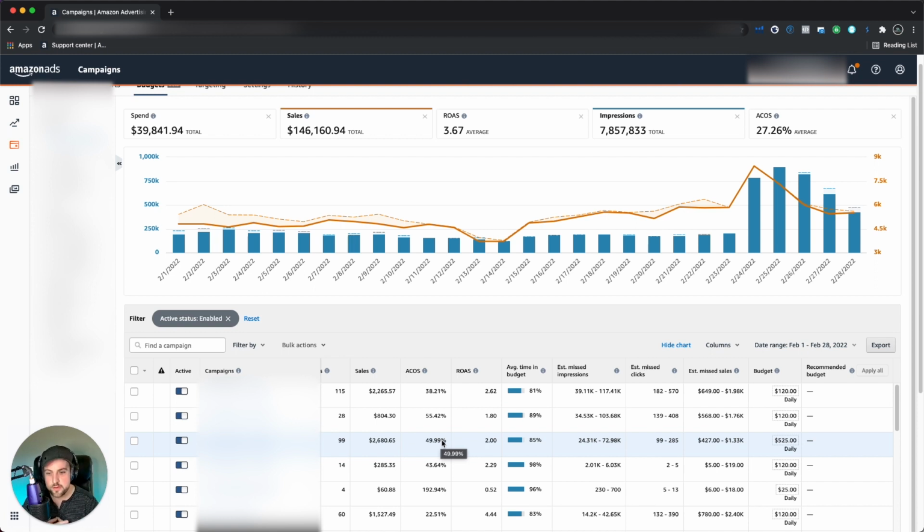So this is just a little bit about the overall budgets inside of Amazon and how you can really utilize it, especially on a big catalog or when you've got a lot of different campaigns to look at at a higher level, and you just want to be able to make really quick decisions on what you want to scale up and what's within your particular KPIs to scale up and what you maybe need to optimize, and then see about the budgeting at that point, because you might be able to cut off a lot of daily ad spend just by getting rid of some things and really starting to optimize.